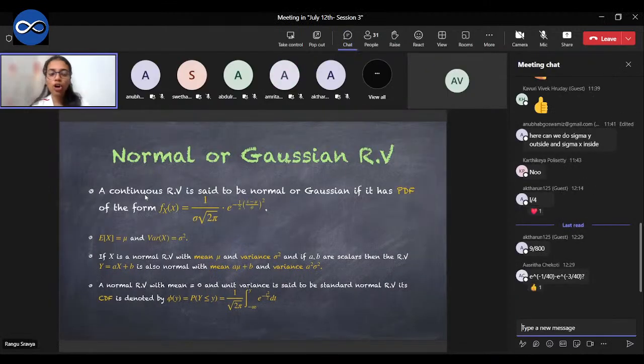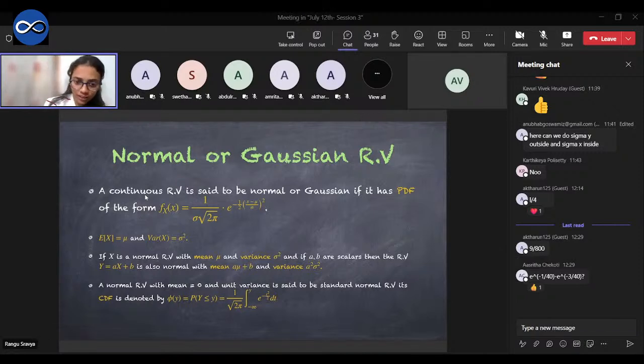Now there is one special normal random variable, which is the standard normal random variable, whose mean is 0 and variance is 1. So in the given form, substitute mean to be 0 and variance to be 1. Also its CDF is of importance, which is denoted by phi of y.